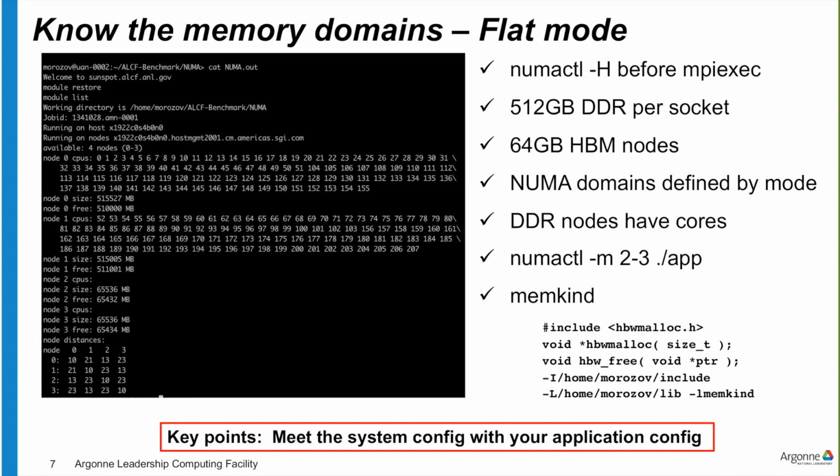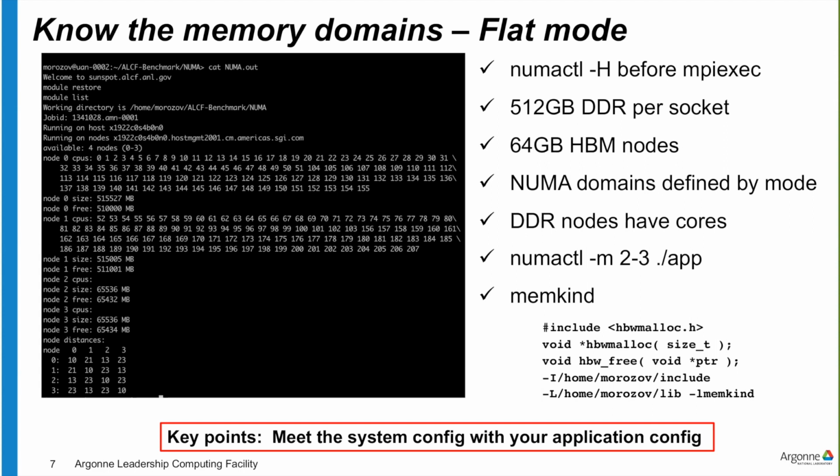If you do not want to change the application that you've been running, you may try to use numactl -m 2 and 3 to place your application into NUMA 2 and NUMA 3 domains with high bandwidth memory on the socket. However, you will be limited in memory capacity.